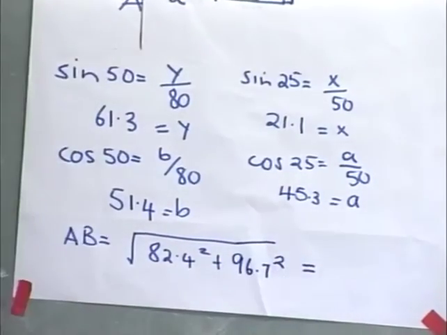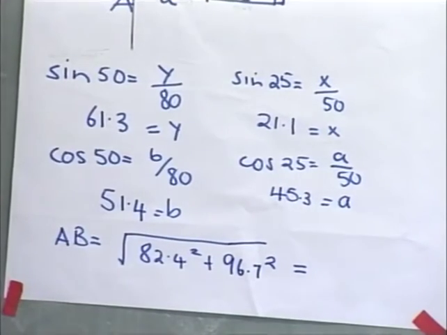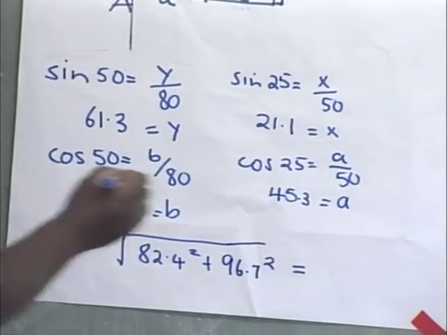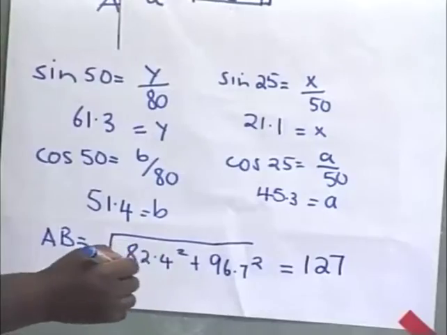Okay, do that for me. Square this, add, and then find the square root of the sum. 127 to the nearest whole number.